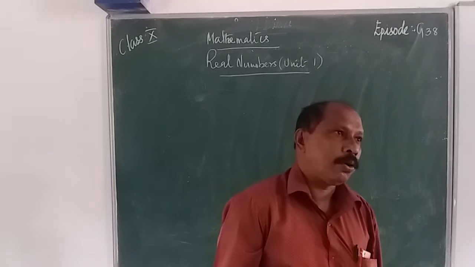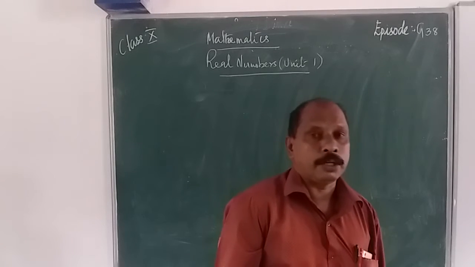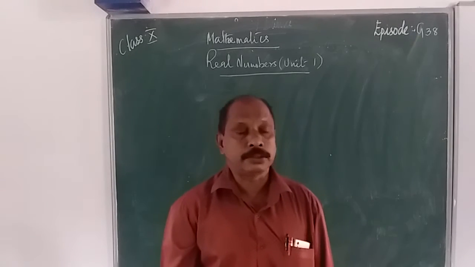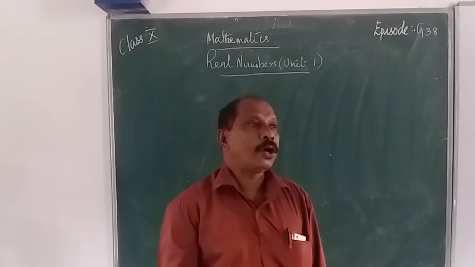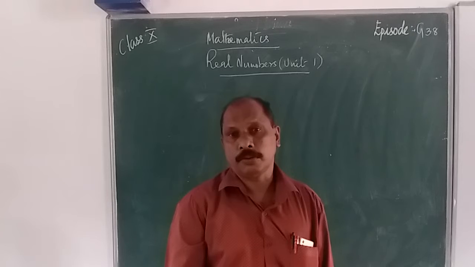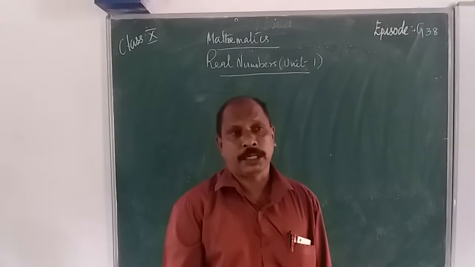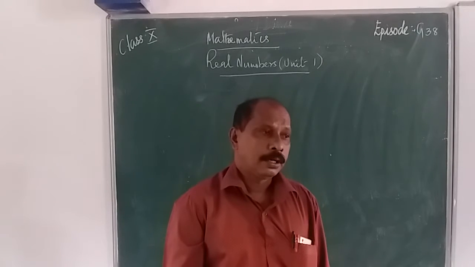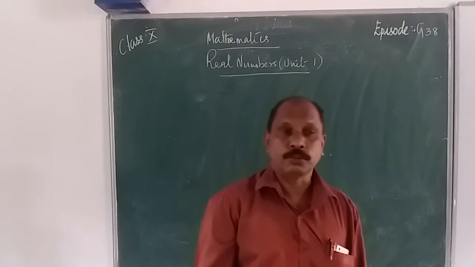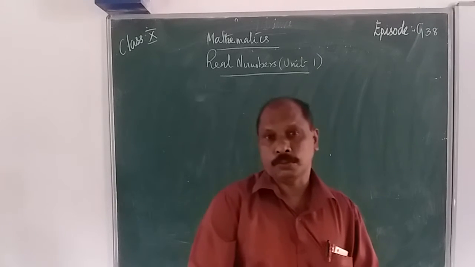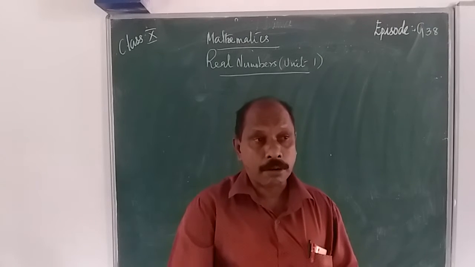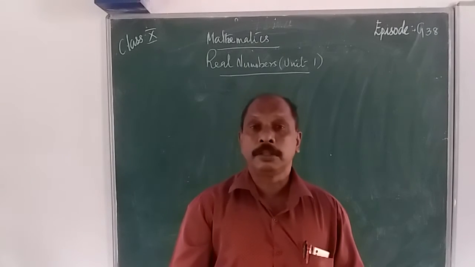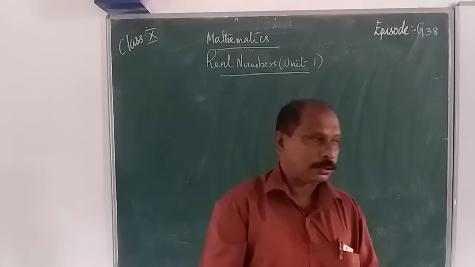There is no additive inverse of 0, and there is no multiplicative inverse. That means any number divided by itself is equal to 1, but 0 by 0 is not 1, it is an indeterminate form. We will discuss all these in future classes, not in this class.